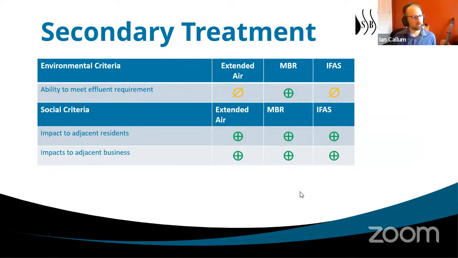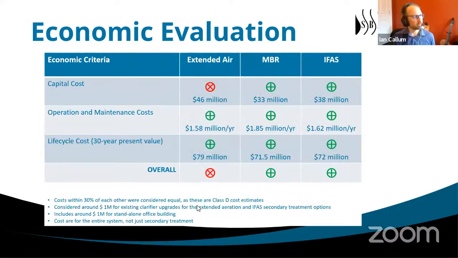In terms of environmental criteria, you can see again, MBR was the preferred from all of the environmental considerations as well as social considerations here in terms of impacts to residents and businesses. Its ability to meet effluent criteria, like I spoke of earlier, was the reason it pushed it over the top from the environmental side.